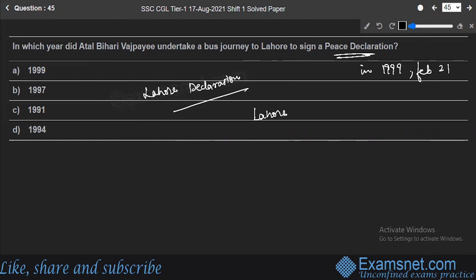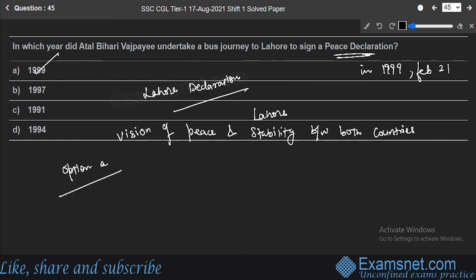Under the terms of the declaration, New Delhi and Islamabad reached a mutual understanding of sharing a vision of peace and stability between both the countries, and progress and prosperity of their countrymen. So, option A, 1999, is the correct answer to the question. Hope you are clear. Next is question number 46.